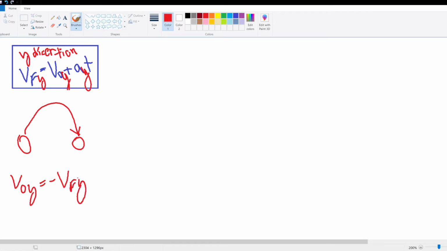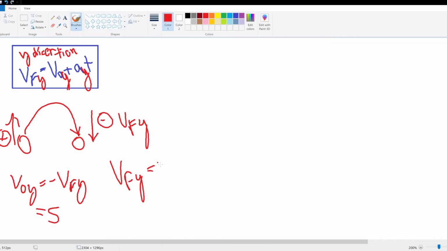If you think about it, initially we have a positive velocity going up, and then later, for our final velocity, we have a negative velocity going down, which is why v initial y is equal to negative v final y. So since v initial y is equal to 5, v final y is equal to negative 5.